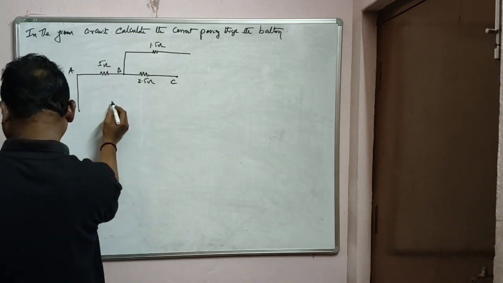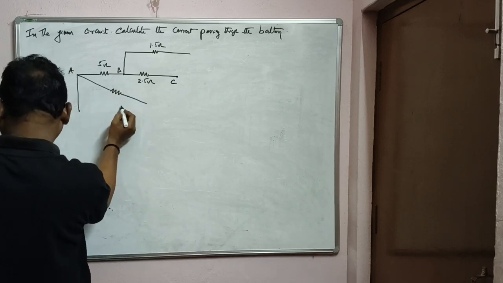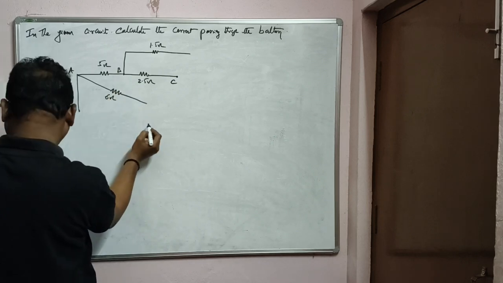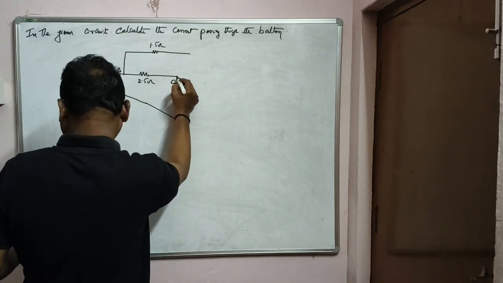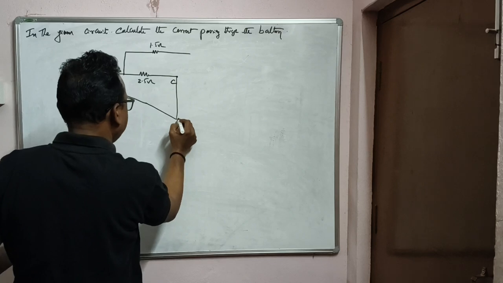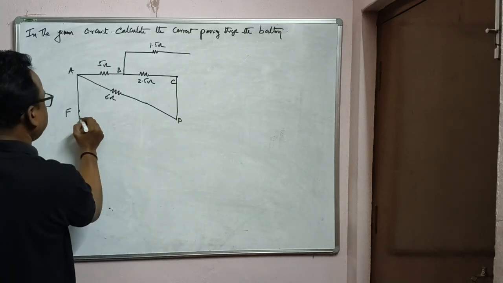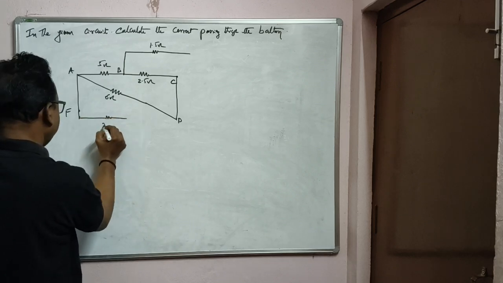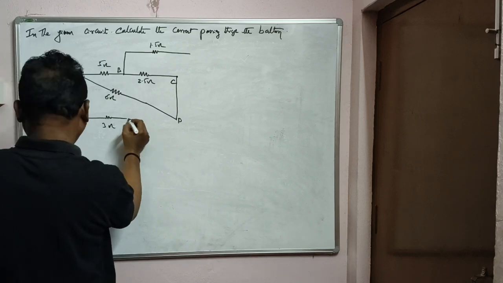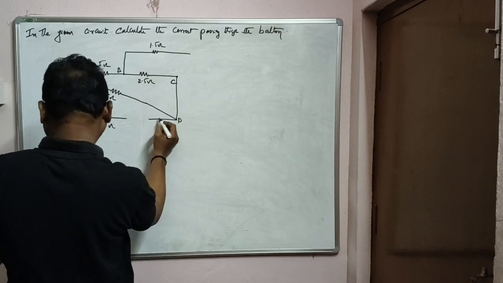Okay. In the center some value is given as 6 ohms, and he has joined somewhere over here C to D. This is point D, and here again I'm extending. The value is given again as 3 ohms.